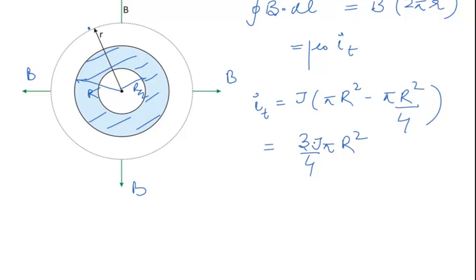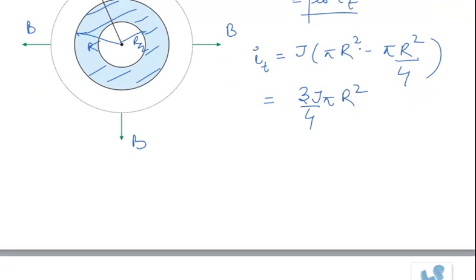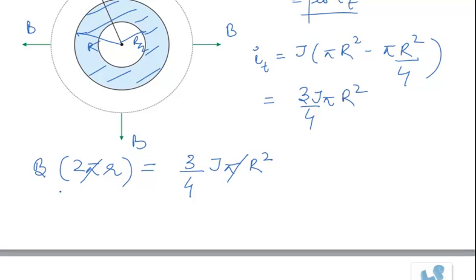Now we substitute this value of I_t here, then we get B into 2πr equal to 3/4 JπR². This π will cancel out and we are left with B equal to 3/8 JR²/r, for r greater than R.